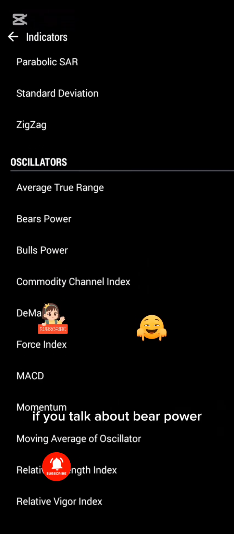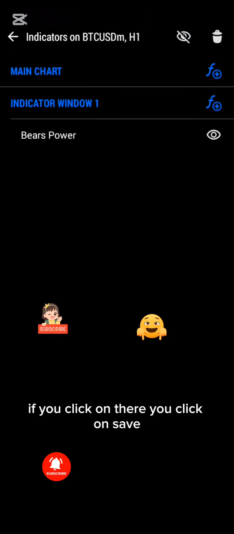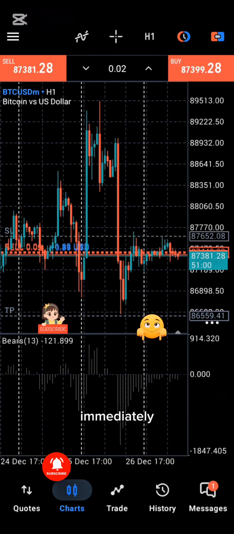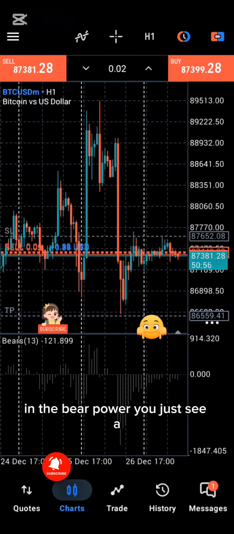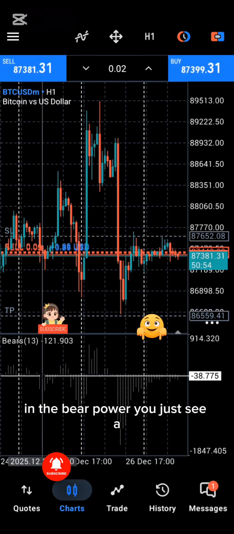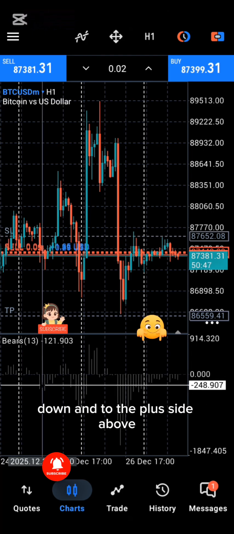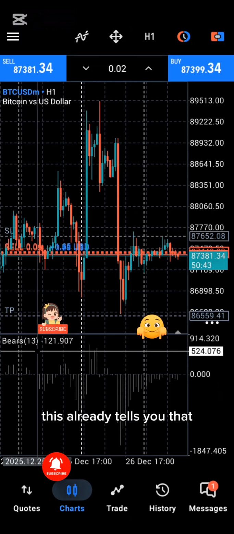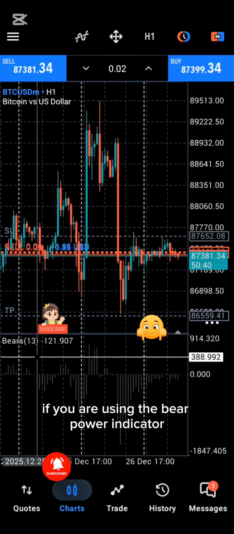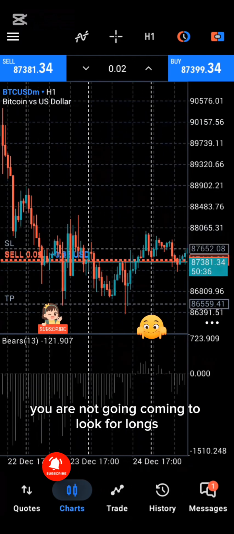If you talk about bear power, if you click on there and click on save, immediately you understand that it's still talking about momentum. In the bear power, you just see a difference from the minus side down to the plus side above. This already tells you that if you are using the bear power indicator, you are only looking for shorts in the market. You are not coming to look for longs.